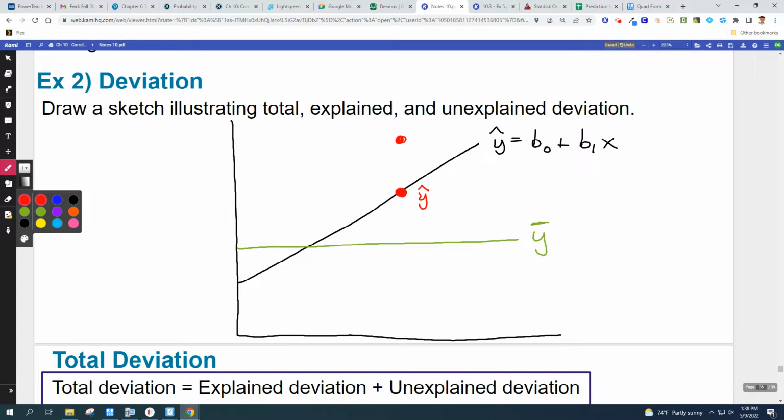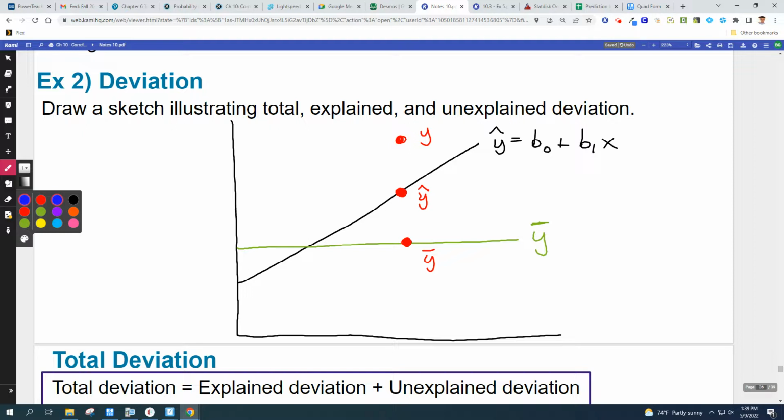And directly below it, I want you to put a point on the line that represents the mean. So we've got 3 points. They're all vertically in a line. Y hat is the one that's on our line of regression, and y bar is the one that's on the mean, and the other one is just a y from a data point. Okay, we've got those 3 points.